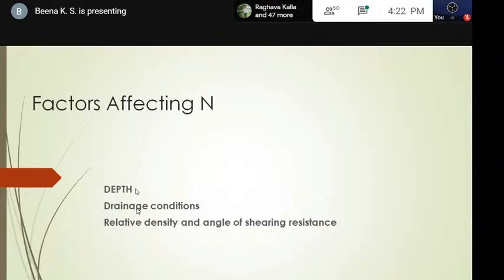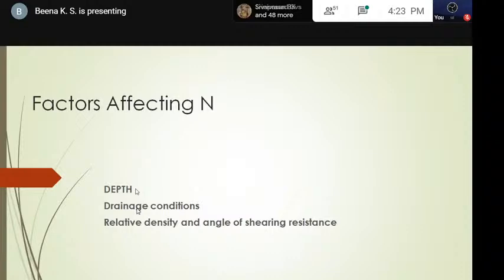So the observed N value, the shearing resistance, will be more at a higher depth due to the presence of the larger confining stress. So the observed N value will be larger than what we expect.